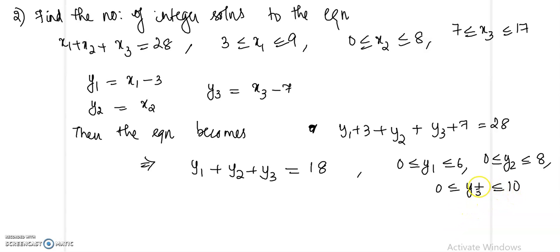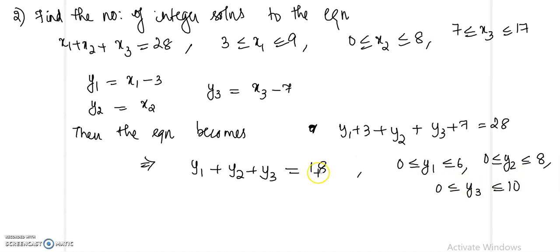So when we define properties, a given element y1, y2, y3 will possess property P1 if y1 is greater than or equal to 7, property 2 is y2 greater than or equal to 9, and property 3 is y3 greater than or equal to 11. Now this is similar to the problem we did yesterday.